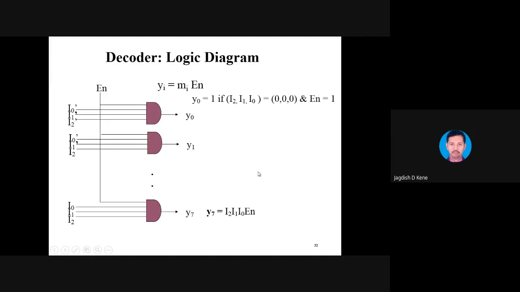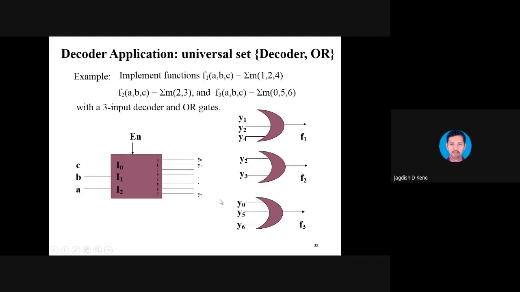This decoder is further going to process, and that's why we are connecting an OR gate to make the combination of sum of products. Y1 is a product of three inputs, Y2 is a product of three inputs, and Y4 is the same. After that, we can connect them to an OR gate, so we generate the sum of products.